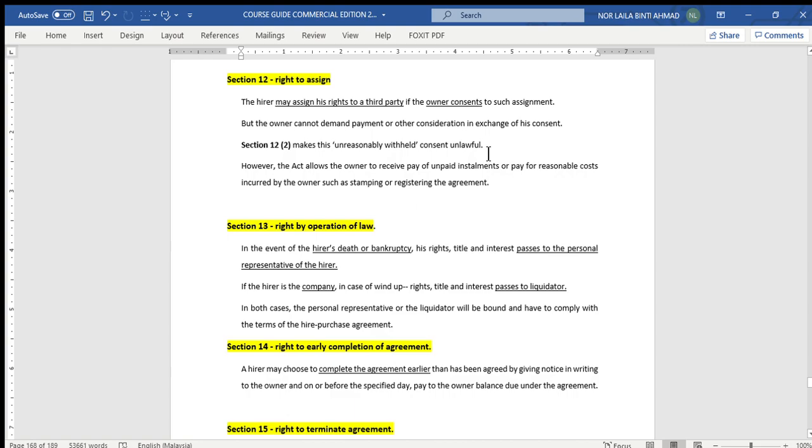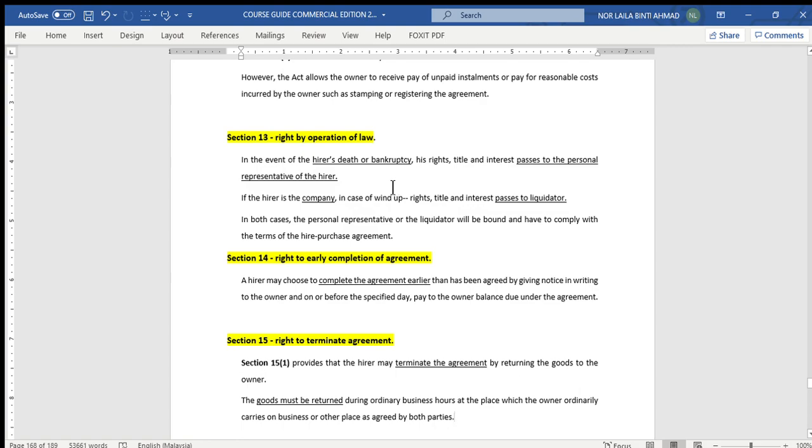This is where, let's say after 2 years of the hire purchase agreement, the hirer thinks that he cannot afford to proceed with the installments. So dia nak suggest his friend to continue with the hire purchase agreement. The hirer has this right under Section 12 because he can assign the rights to make payment of installments to the third party, but first he must get consent from the owner.